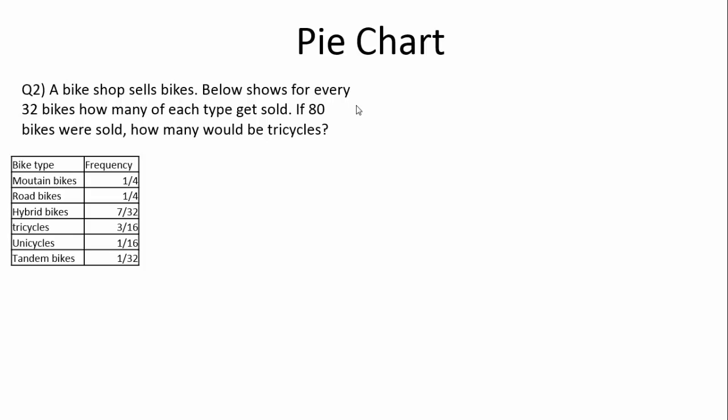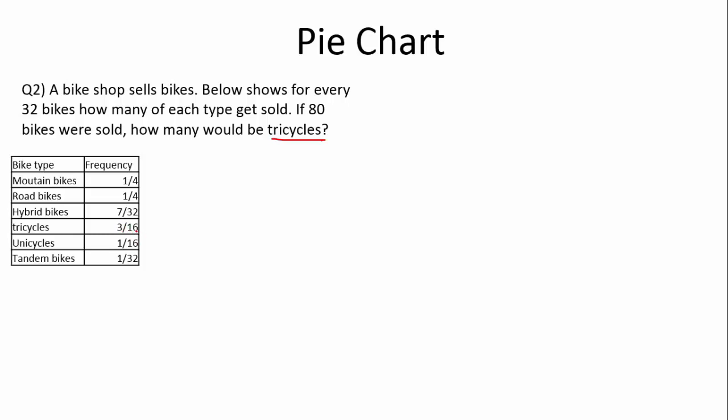A bike shop sells bikes. Below shows, for every 32 bikes that get sold, how many of each type get sold. If 80 bikes were sold, how many would be tricycles? Right, so we can see that tricycles here, for every 16 bikes that get sold, 3 of them are tricycles.